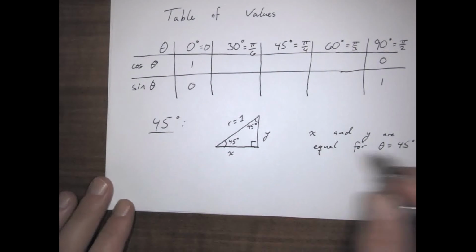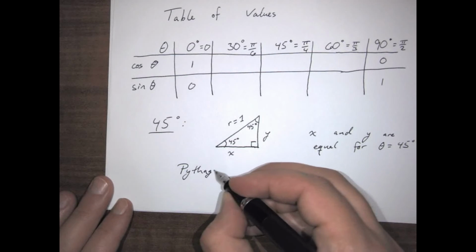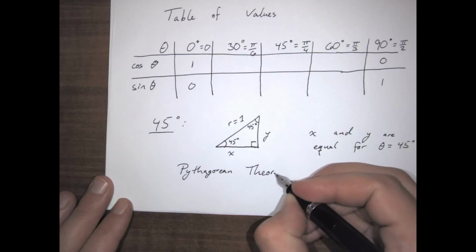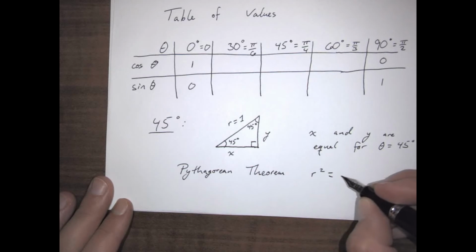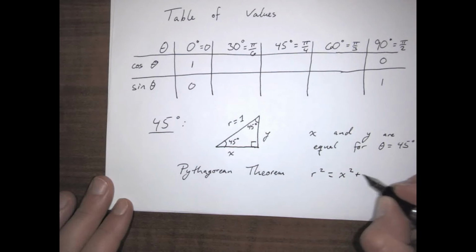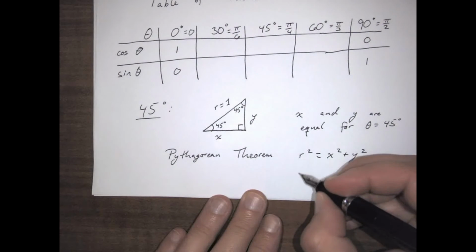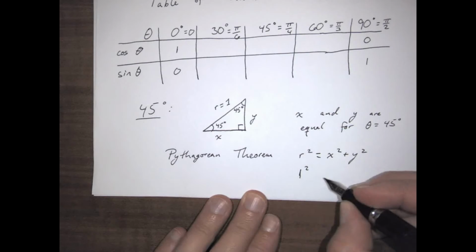All right, well, the Pythagorean Theorem always told us that r squared equals x squared plus y squared. But here we can actually do some work. So r squared is just 1 squared.